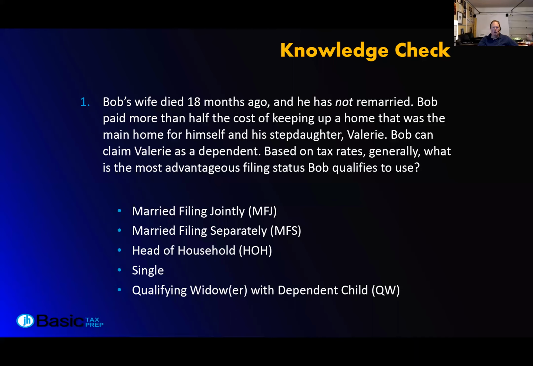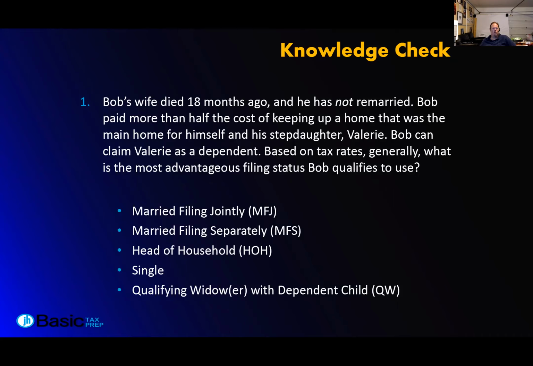All right, so Bob's wife died 18 months ago, and he has not remarried. Bob paid more than half the cost of upkeep of the main home for himself and his stepdaughter, Valerie. Bob can claim Valerie as a dependent. Based on the tax rates, generally, what is the most advantageous filing status Bob qualifies to use? Married filing jointly?